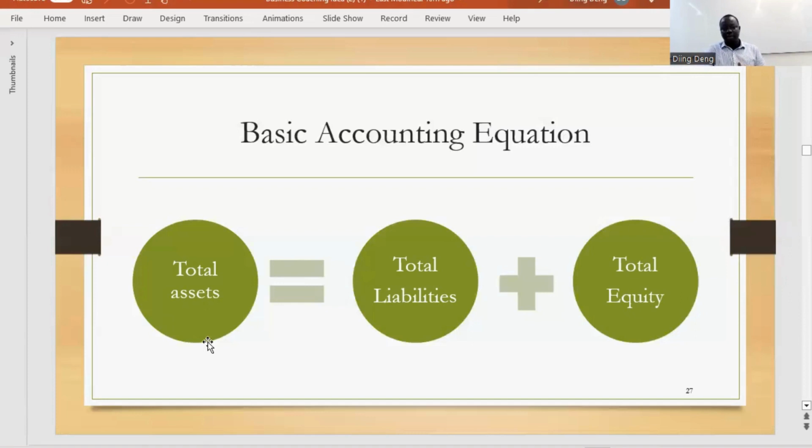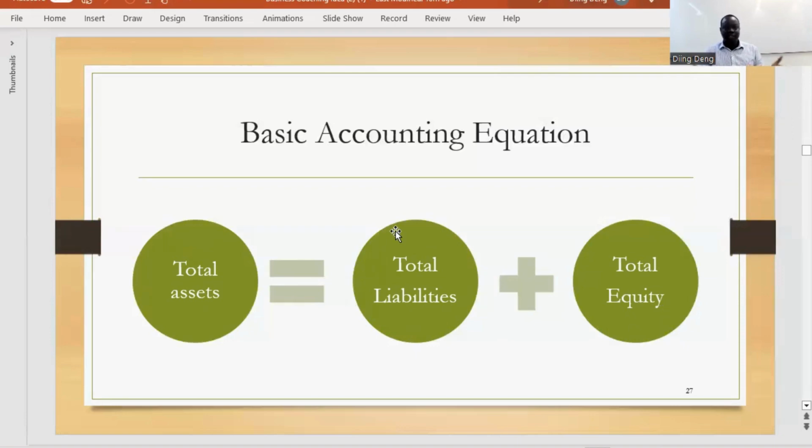So starting that, you go through the process I already explained to you. And then when you have these figures, the sum of all the assets you have in your business will be here. And this must be equal to the sum of the claims. And these claims are the total liability and the total equity.